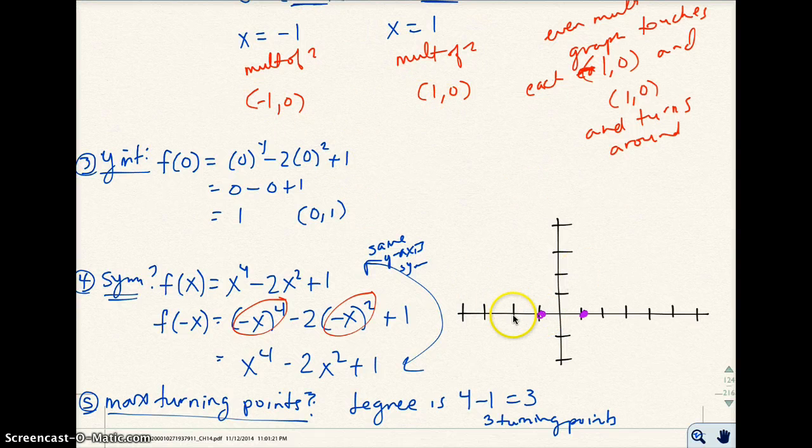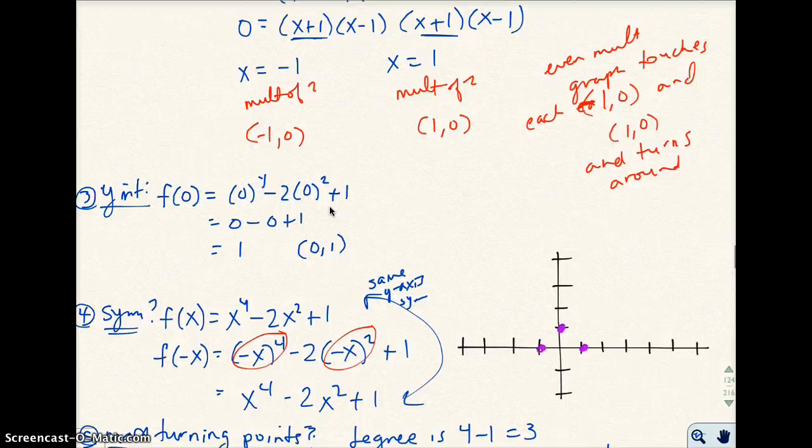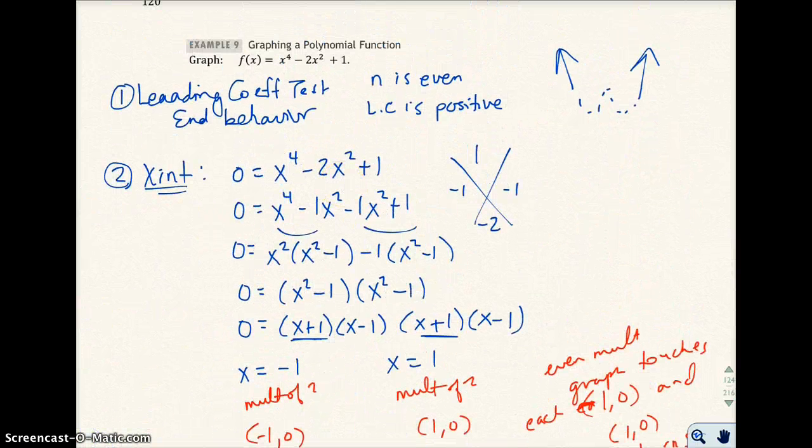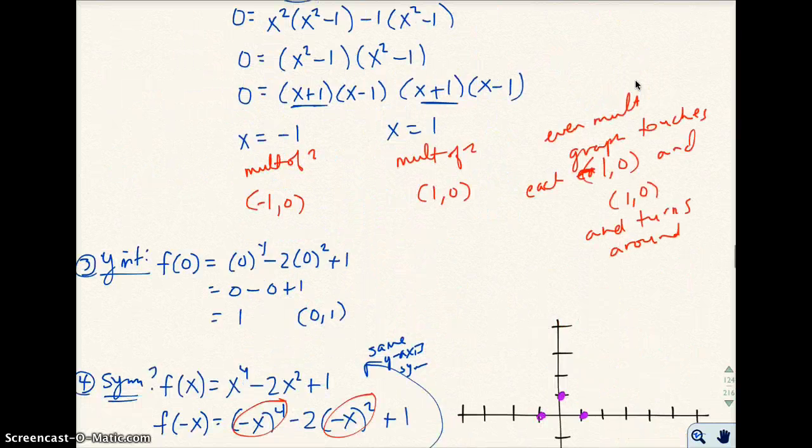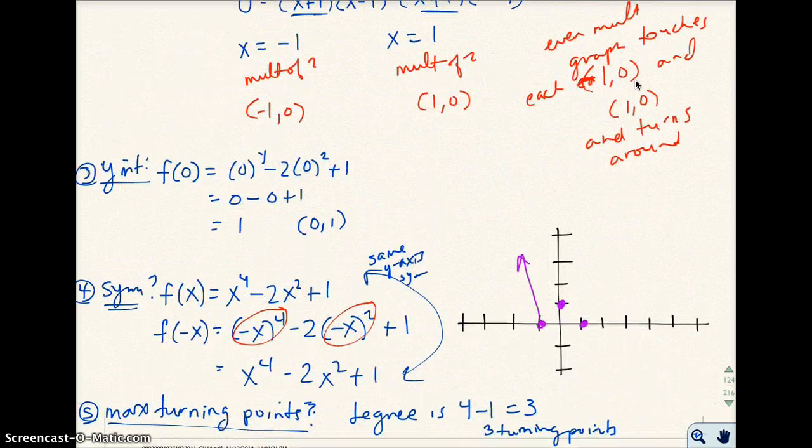The y-intercept is 0, 1, so I know this is the y-intercept. It's telling me it's going to rise left, rise right. It should go like this.